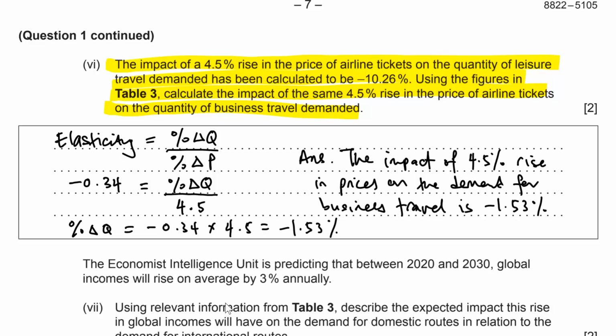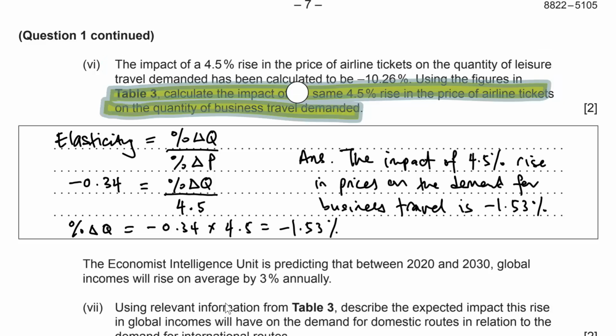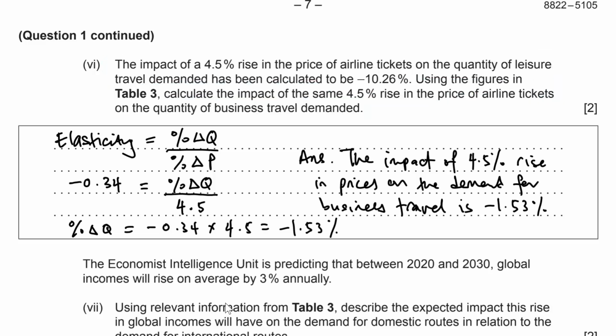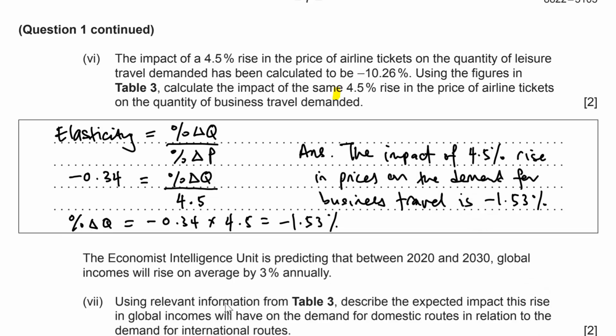So prices for airline tickets are going to go up by 4.5%, and we have to figure out the impact on the quantity demanded for business travel. Price goes up by 4.5%, and quantity demanded is going to go down by some unknown amount.